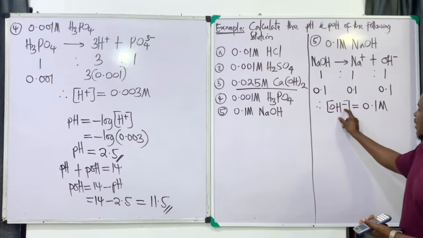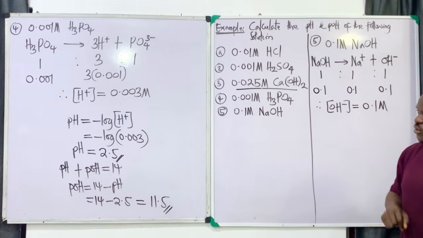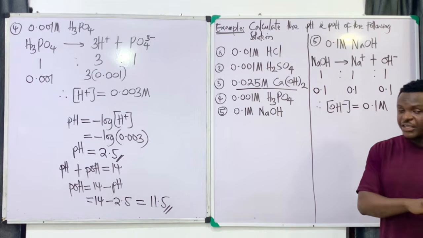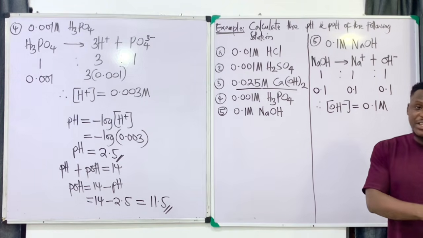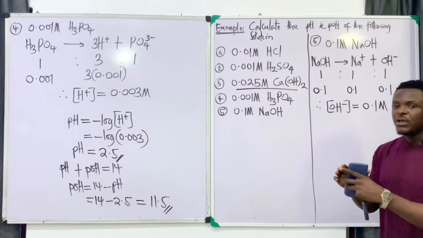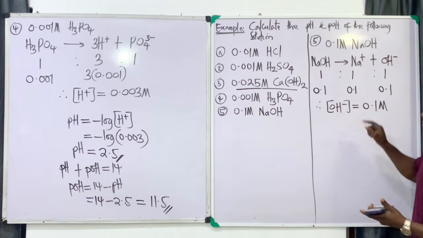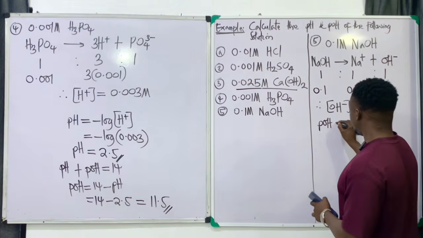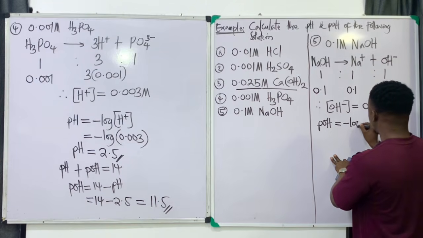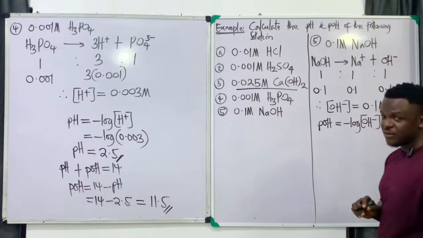So since I have OH, what I am going to solve for first is not going to be pH, it's going to be pOH, because pH has H plus in its formula, whereas pOH has OH minus in its formula. So the one I'm going to use is the one that has what I have here. pOH is equal to negative log of OH minus.